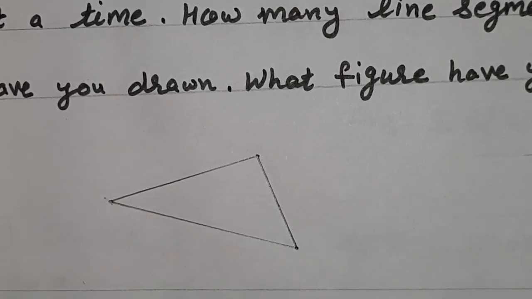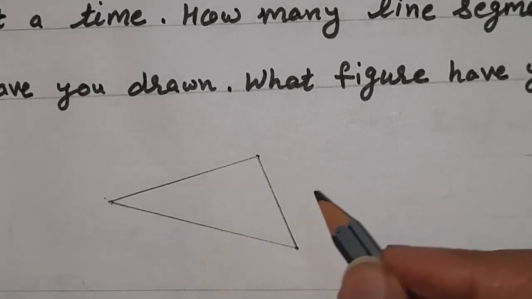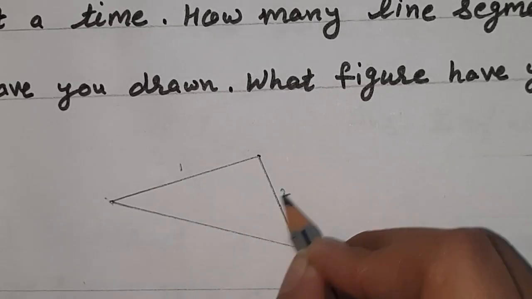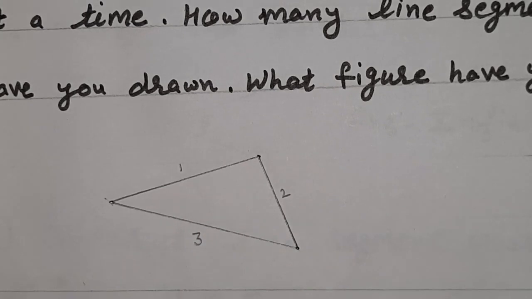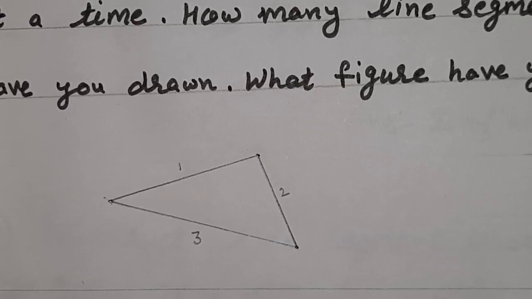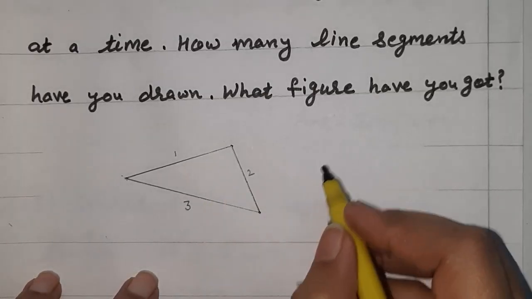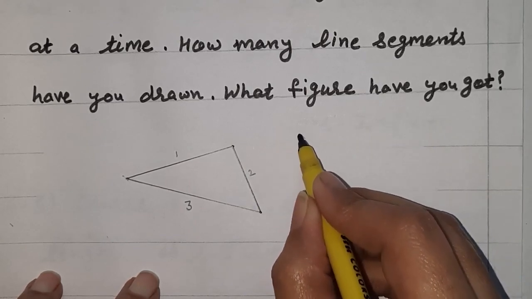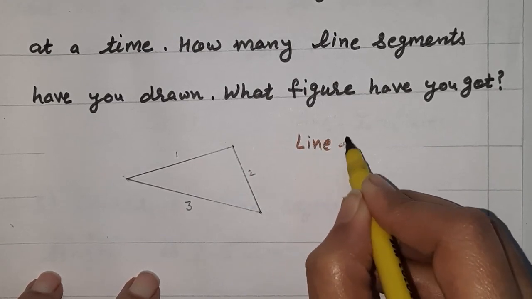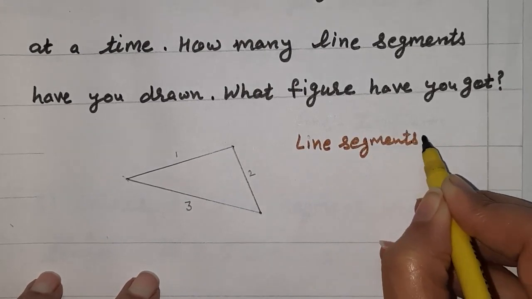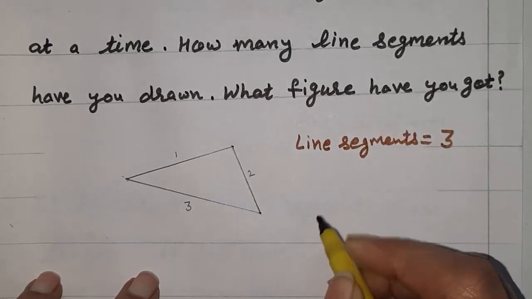How many line segments have you drawn? How many? 1, 2 and 3. 3 line segments we have drawn. And what figure have you got? It is a triangle. Now give the answer of 2 questions. How many line segments? Line segments is equal to 3.